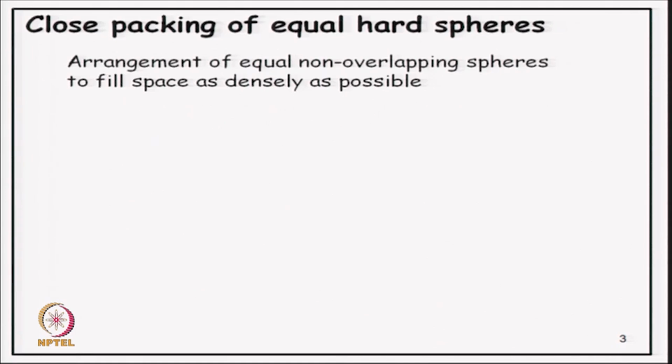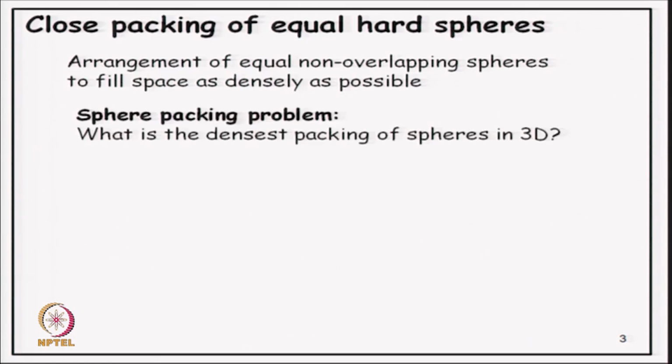So, let us look at close packing of equal hard spheres. In mathematics or geometry, this is a famous problem known as the sphere packing problem. That is, to find out what is the densest packing of spheres in 3 dimensions or, for example, in any dimensions.